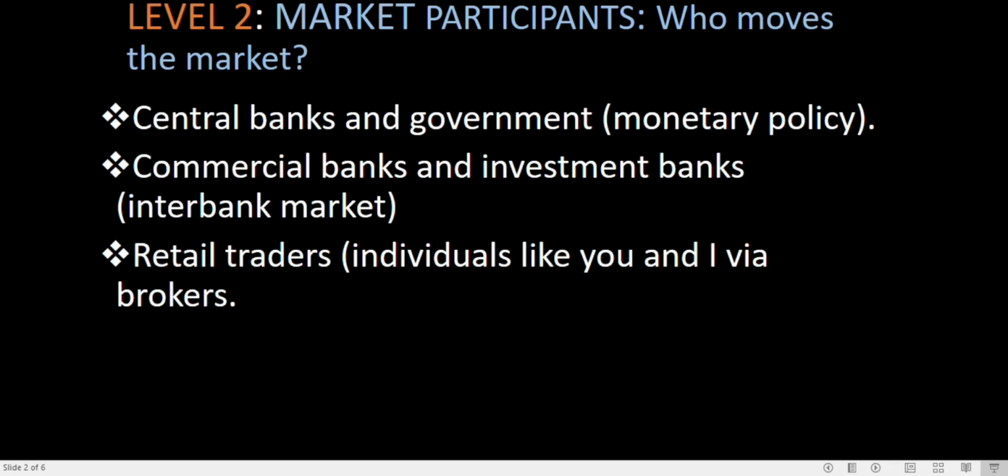So this is telling us that central banks and government participate in the forex market through monetary policy, in the sense that the central bank of any country and the government introduce laws and monetary policy while managing the economy of the country. You understand?